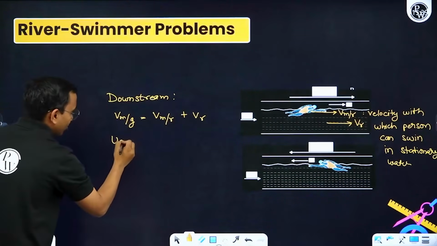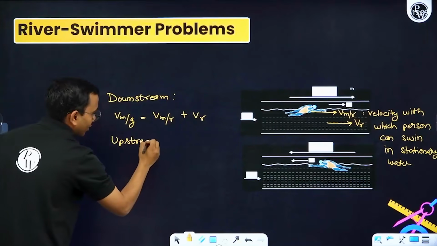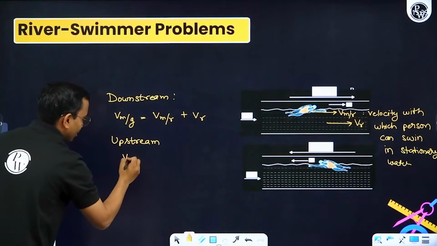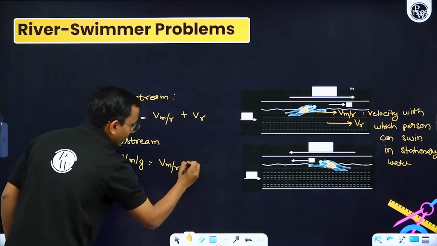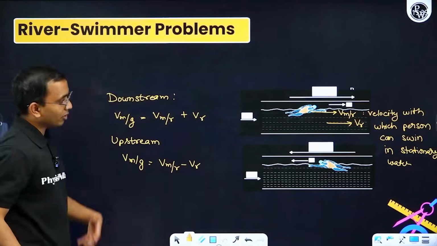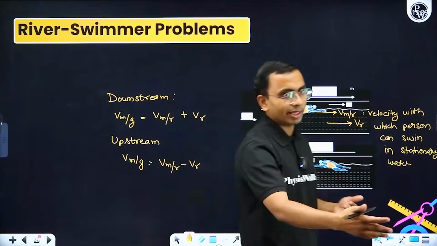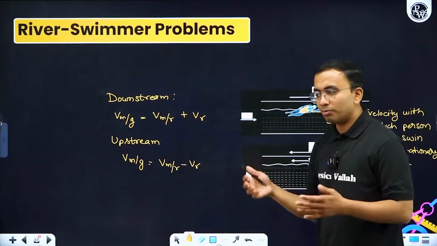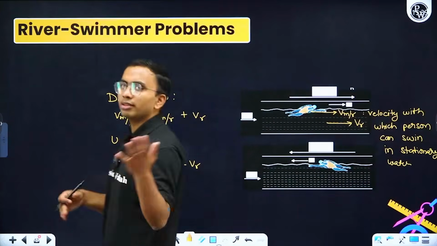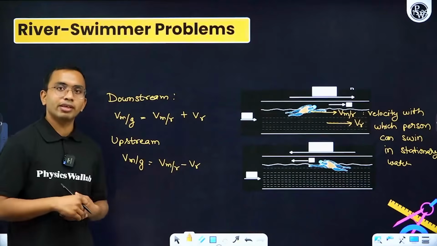And upstream, it will become minus simply. Sometimes it is given that this much time it takes to go downstream and this much time to come back, the distance is given and a few other things are given. So like that you can write the equations to solve.